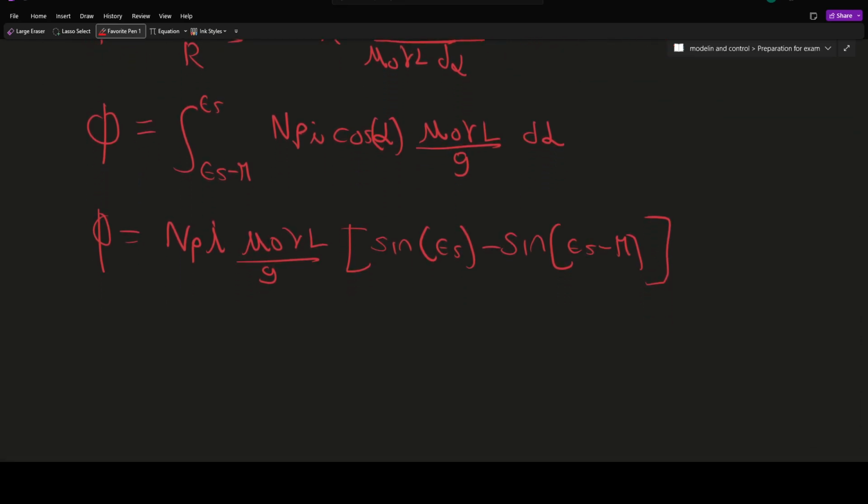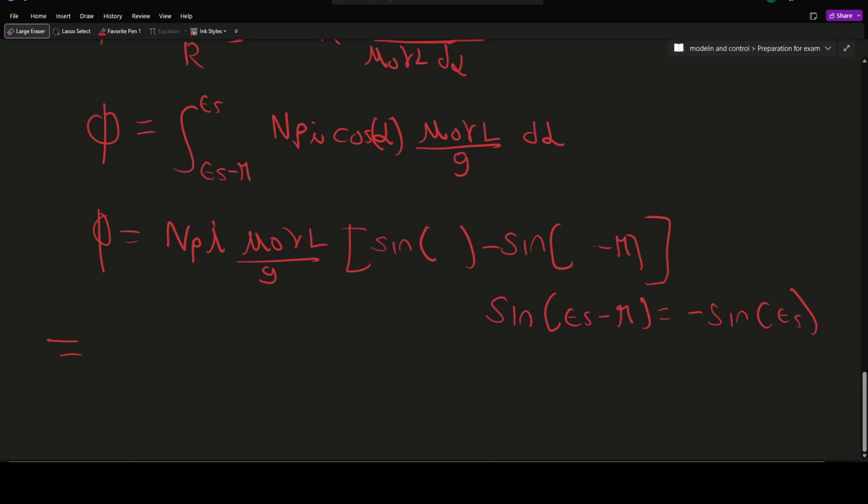Okay, and if we follow the trig identity that sine ES minus pi is equals to minus sine ES. Okay, I keep writing yes when we're talking. Oh yeah, ES because we are integrating from ES to pi minus ES. Okay.